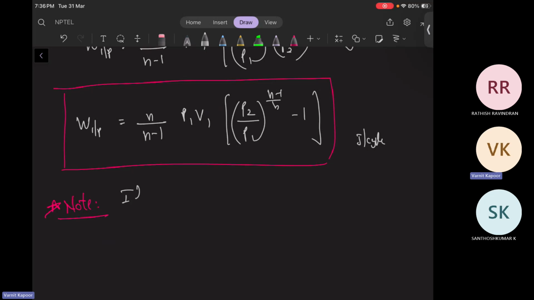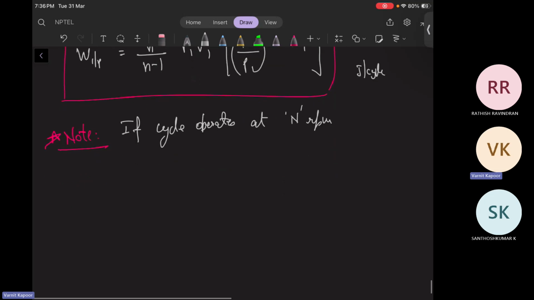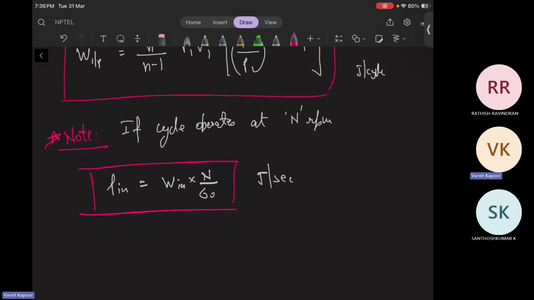If cycle operates at n rpm, n revolutions per minute, then you will get the power input as work input into n by 60, and this will come out to be units joule per second. Okay, the power input will be this.